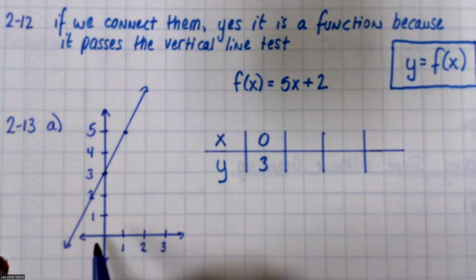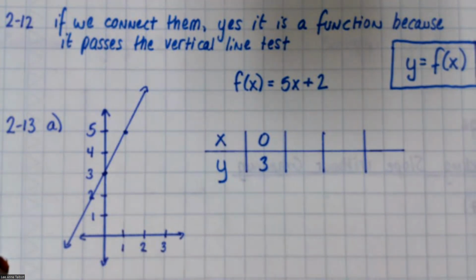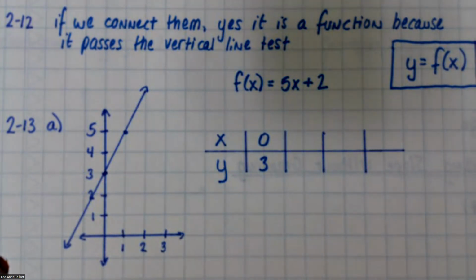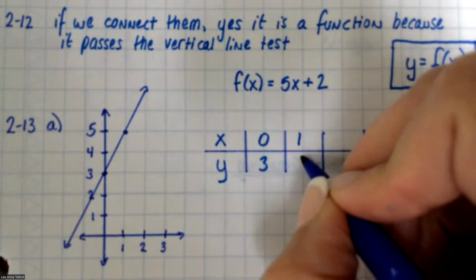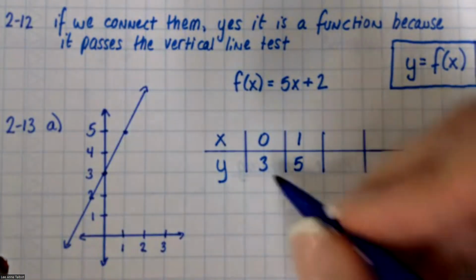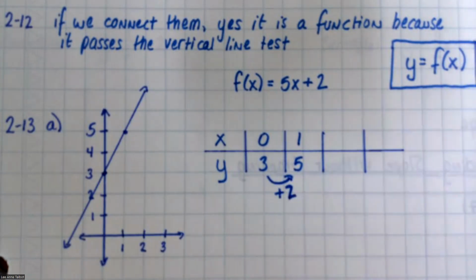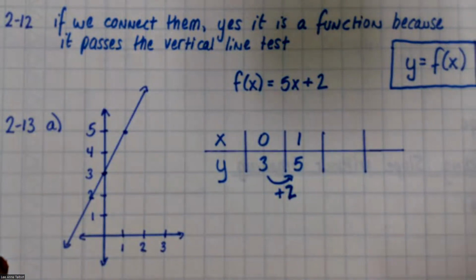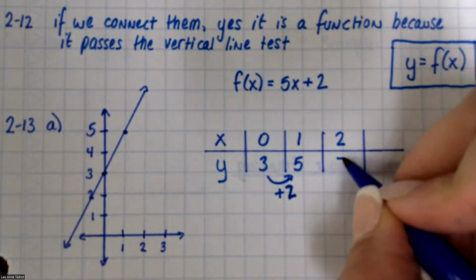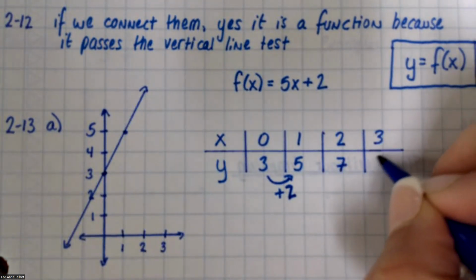So figure 0 has 3 tiles. How many tiles are in figure 1? 5. And then we don't really need the picture anymore. We can tell with my Amazon arrow that the growth is 2. So figure 2 would have 7 and figure 3 would have 9.